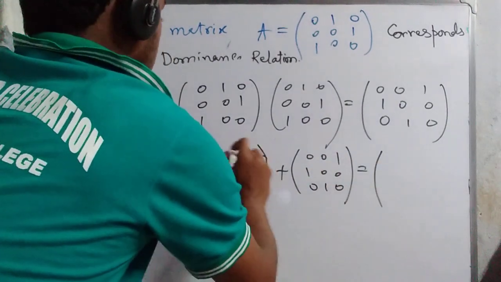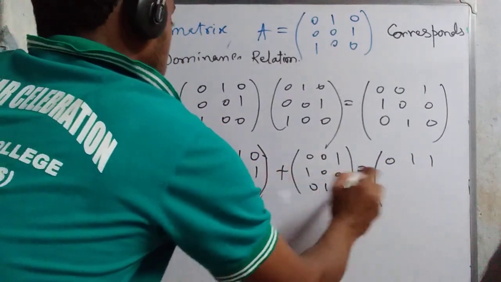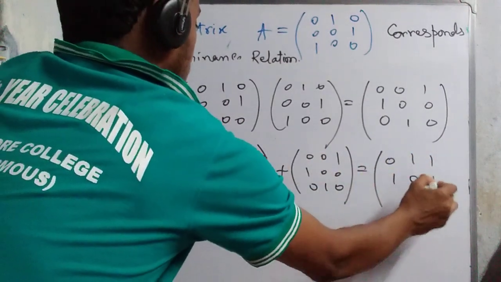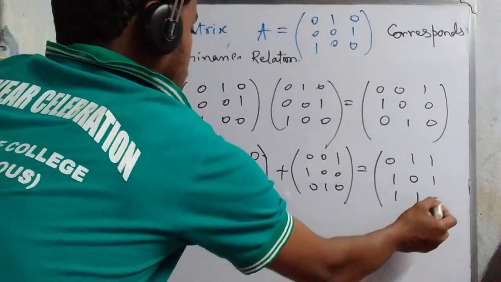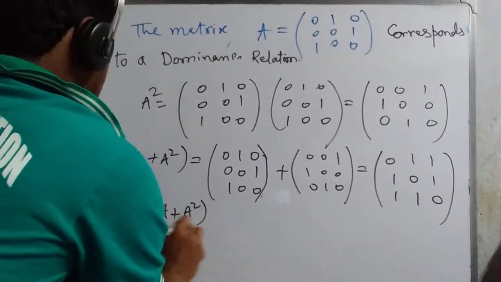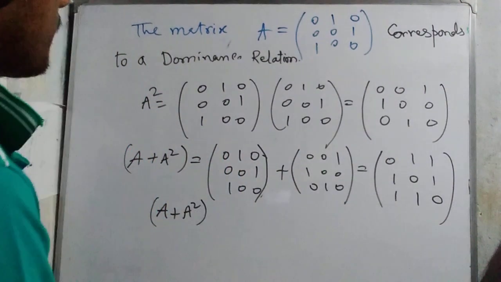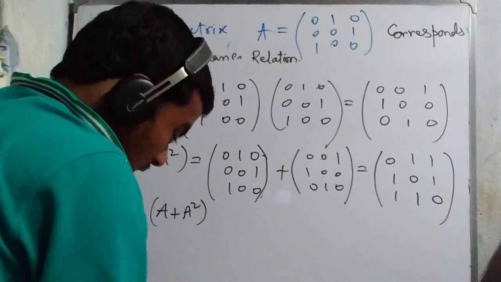Then A plus A square equals 0 1 1; 1 0 1; 1 1 0. That means A plus A square.